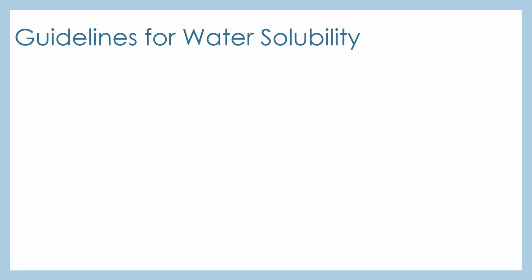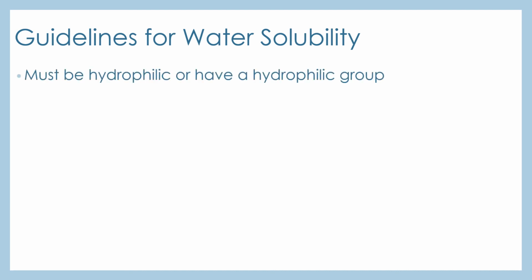So some guidelines for water solubility. And again, these are guidelines, not specifically rules, so there might be some things that fall just outside of these guidelines. Something must be hydrophilic or have a hydrophilic group in order to be soluble in water.